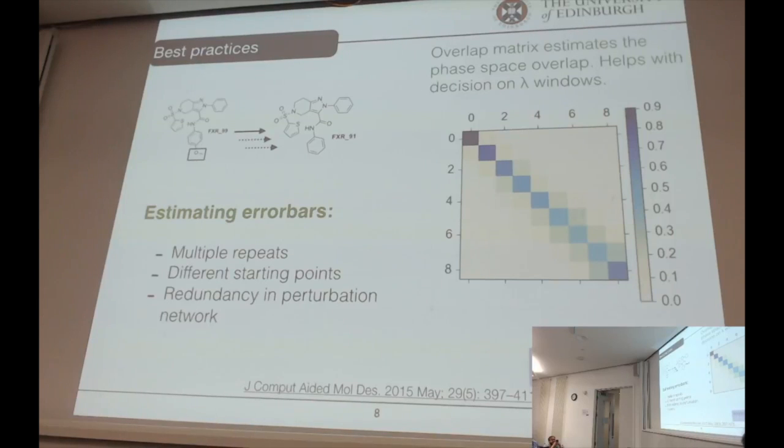Each time we run the simulation, we compute this overlap matrix, and then we go through a checklist of things: do we have enough overlap? Is this valid enough, or should we add more lambda windows? Should we do something else?